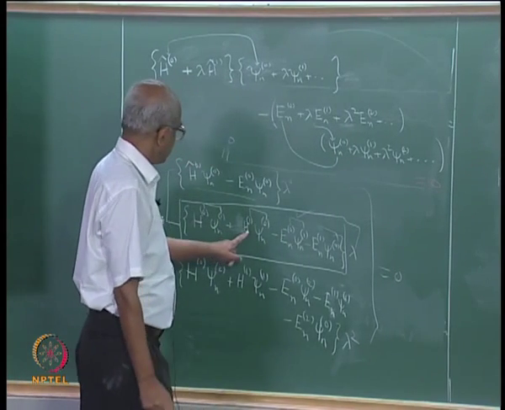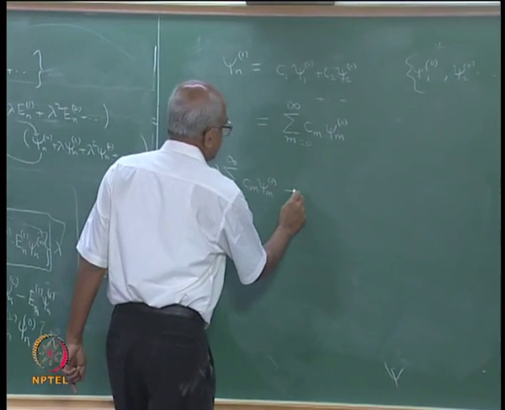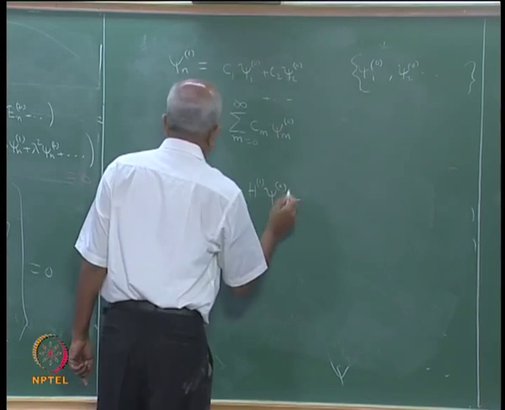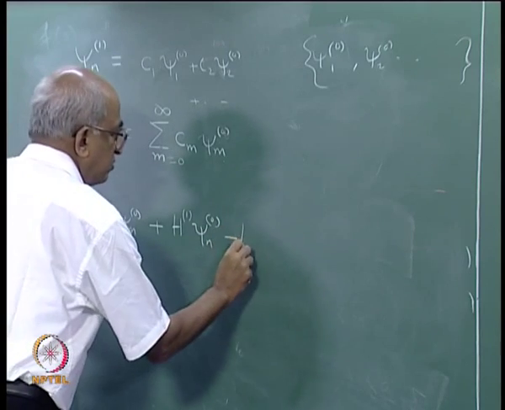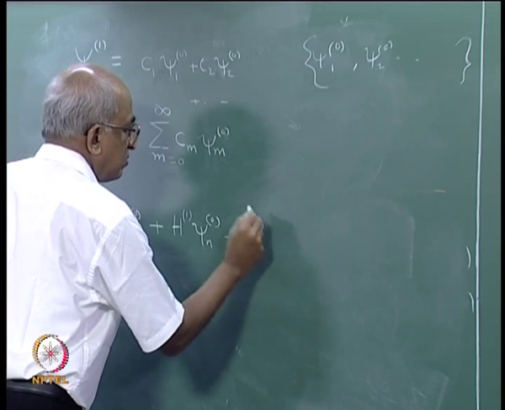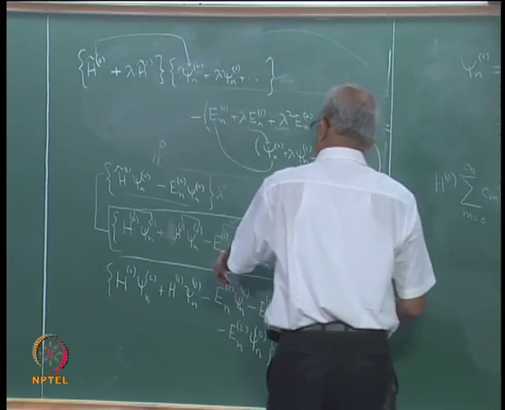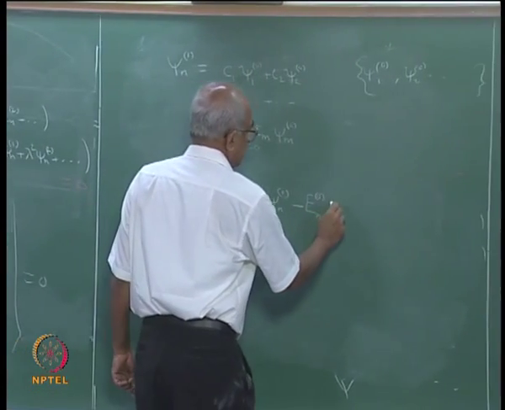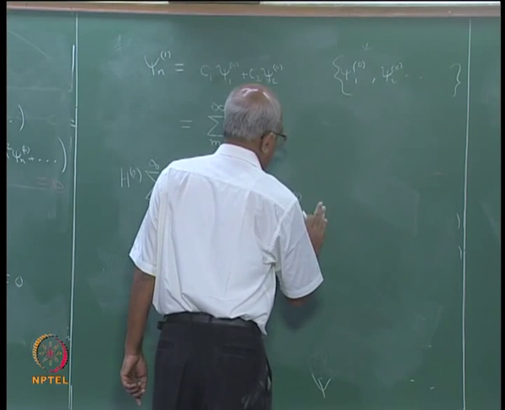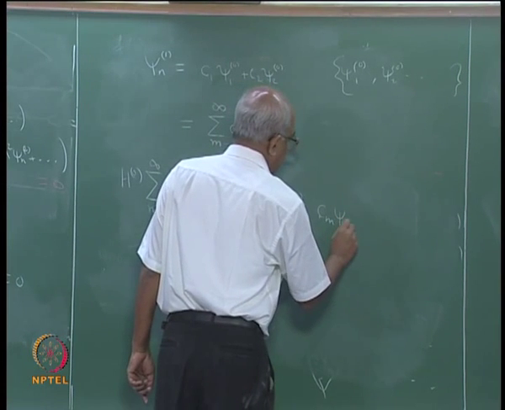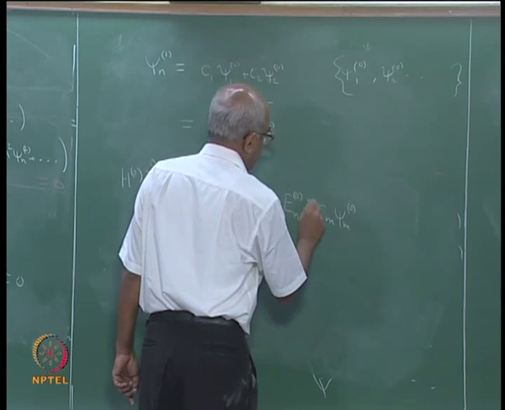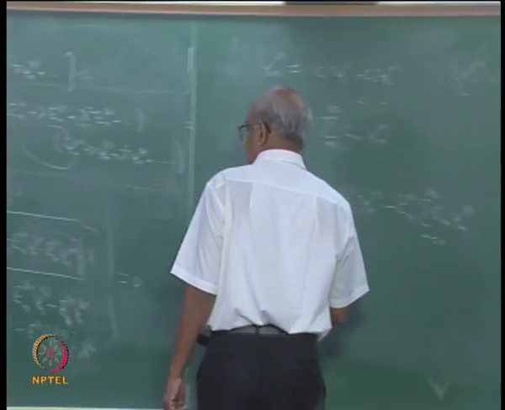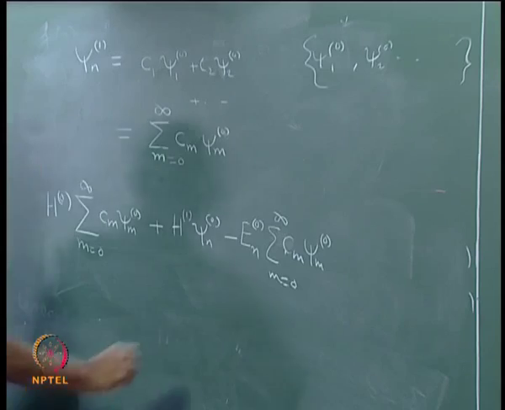H0 operating upon this, then H1 operating upon psi n 0, that I do not have to do anything, minus E n 0 operating upon psi n 1, that is actually nothing but Cm psi m 0 summed over all possible values of m running from 0 to infinity, minus E n 1.